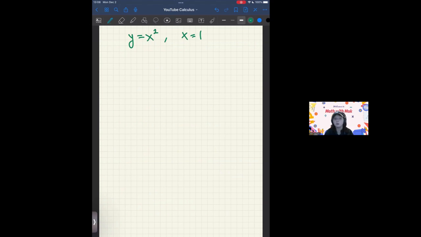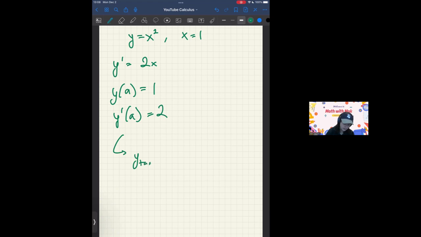And we know that the point is 1, 1, but we'll still prove that. So we still have the same derivative as before, right? 2x. But now when I plug in y of a, I get 1 squared, which is 1. And y prime of a, I plug into y prime the 1, and 2 times 1 is 2, right? So now my y tan is 2x minus 1, because remember that we have this a right here, plus 1 from our b, right?